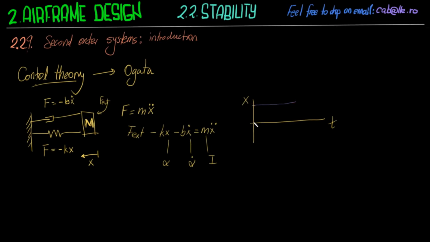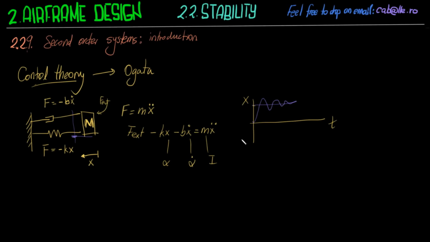Well, it's going to be something like this, and it's going to dampen out. It's going to move, and then it's just going to stay at a point in which the external force is compensated by the spring. What the damper does is dampen out this oscillation until the spring force is equal to the external force.